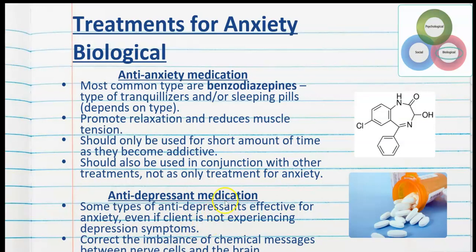What we will talk about in class is that antidepressant medication is definitely the more popular choice among GPs and psychologists over benzodiazepines, because there are risks involved in terms of addiction and interference with other medications with benzos, not so much for antidepressants. Antidepressants are seen as safer as a long-term option.